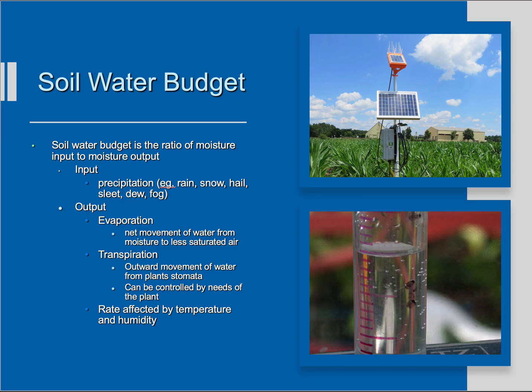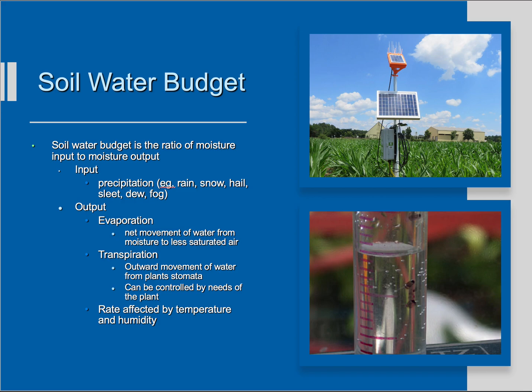The balance between how much precipitation is retained in the soil versus how much is extracted is how much is budgeted for the plants themselves. So this becomes a really important characteristic.